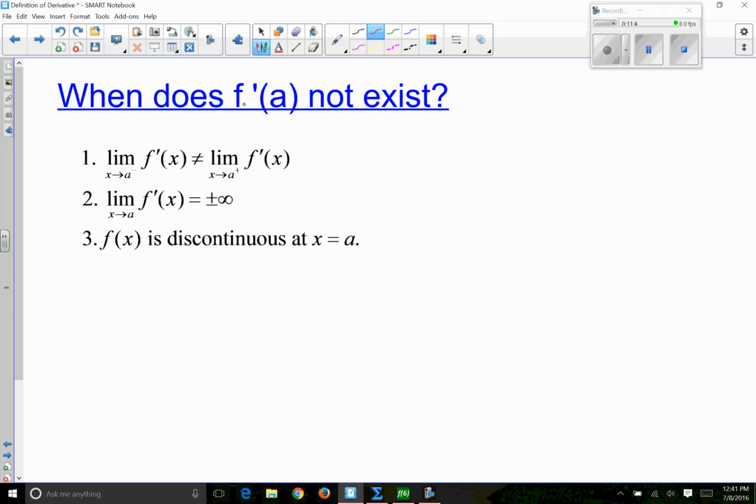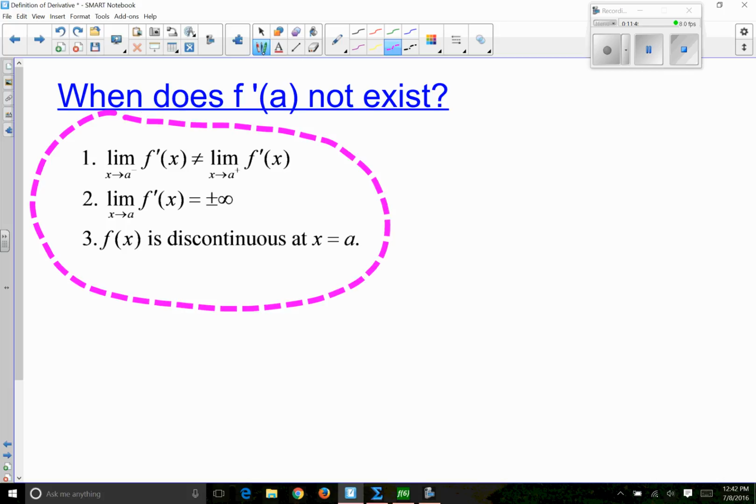Question: when does f prime of a not exist? These are 3 instances when the derivative of a function does not exist. Number 1 is when the limit of f prime of x as x approaches a from the left is not equal to the limit of f prime of x as x approaches a from the right.